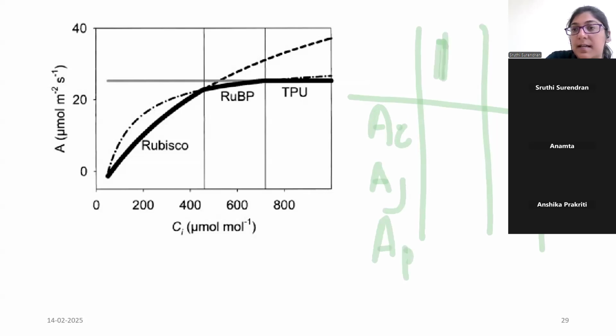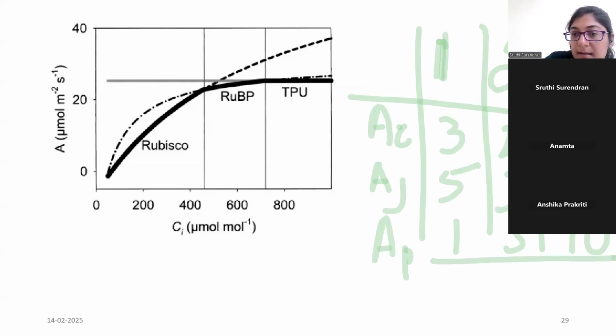So first curve we are getting one set, then second curve, third curve. Here we are getting 3, 5 and 1. Here we are getting 2, 3 and 5. And here we are getting 8, 9 and 10.